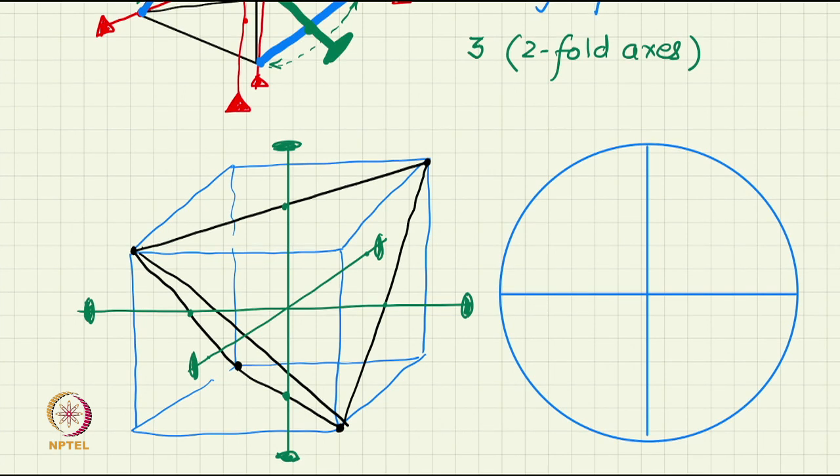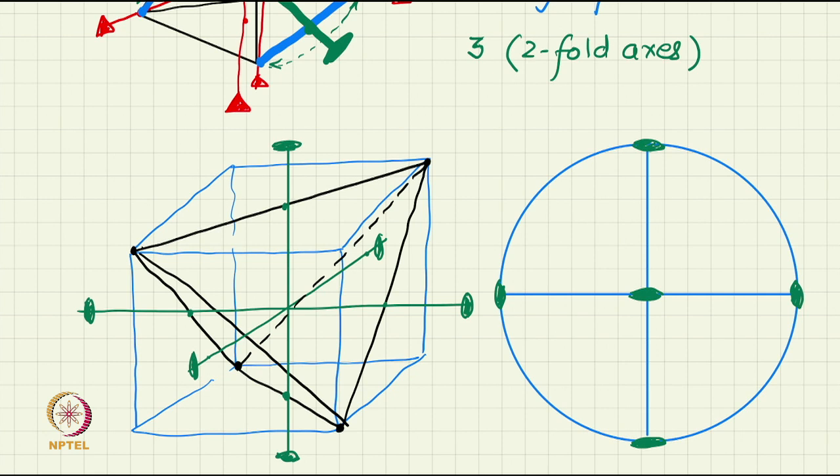So, twofold axes are not difficult to plot, they are simply along the x axis, the y axis, and the z axis. Threefold axes are a little difficult, but they are also related nicely to the cube. So, if you see a corner of a tetrahedron, I think I have missed drawing one of the edges of the tetrahedron.